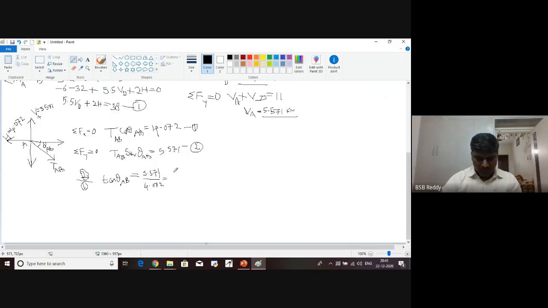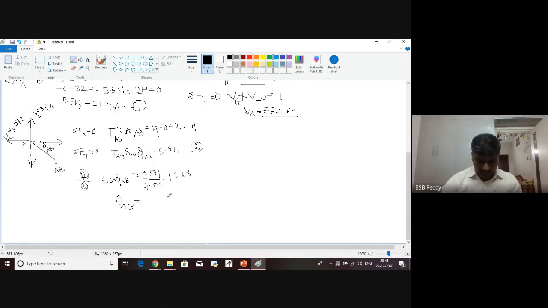So what will be this value? 5.571 divided by 4.072. This is 1.368. So what is theta AB? Tan inverse 1.368.